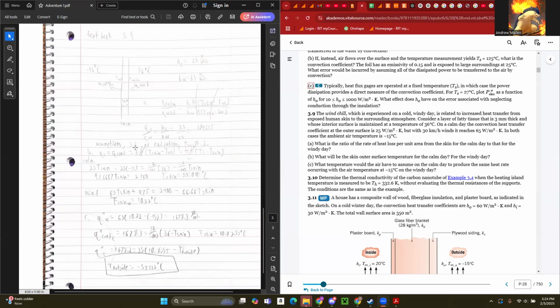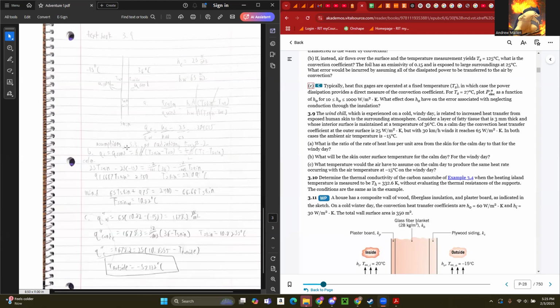As I said before, I'm going to ignore radiation for this problem, and the thermal conductivity for fatty tissue is about 0.2. I just Googled this value, and it works.